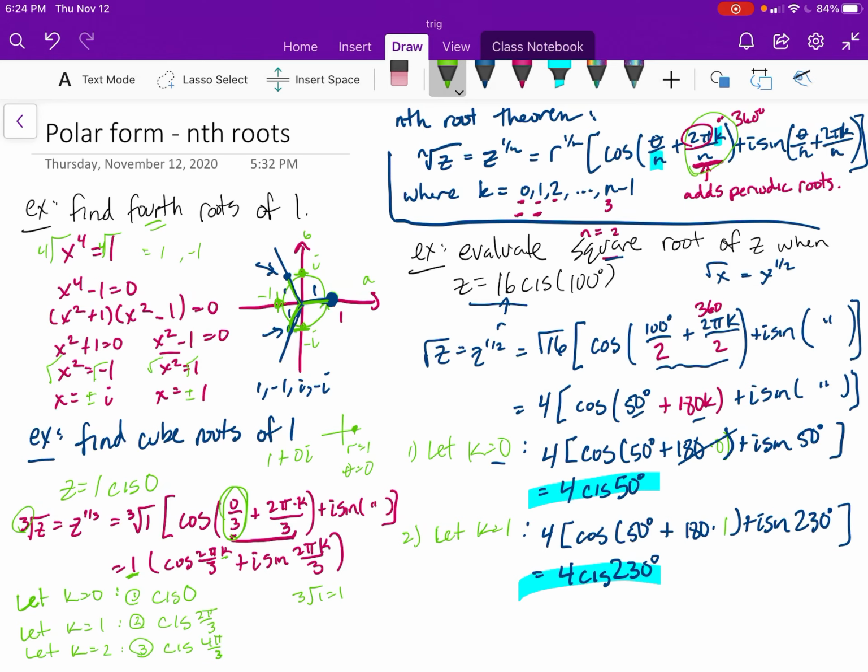But that's okay. 2 pi over 3 in degrees is 120. Right? This angle, 2 pi over 3 up here, that's equivalent to 120 degrees. 2/3 of 180, right? And then the last one here, 4 pi over 3, is equivalent to 240 degrees. So these answers, again, they make sense.